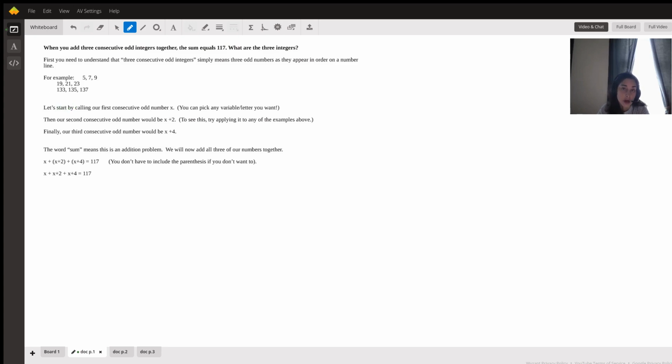So let's start by calling our first consecutive odd number x. Now, I picked x, you can pick any variable that you'd like. If that's the case, then our second consecutive odd number would be x plus 2. If you look at any of our examples like 5, 7, 9, we see that the second number is simply the first number plus 2.